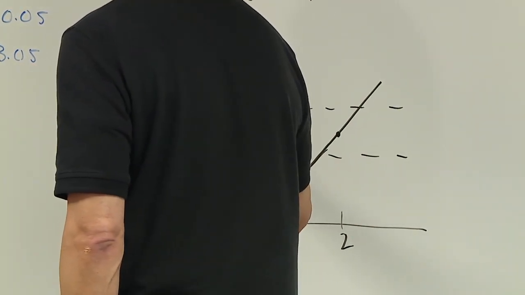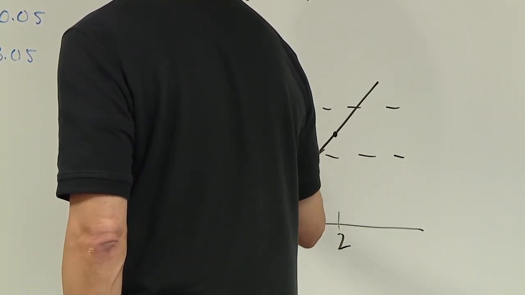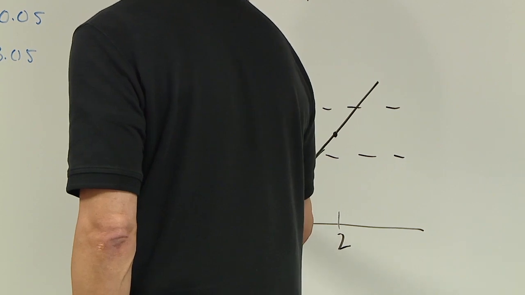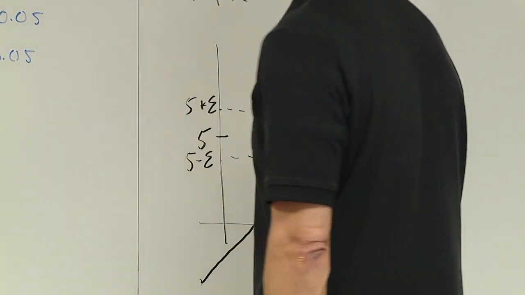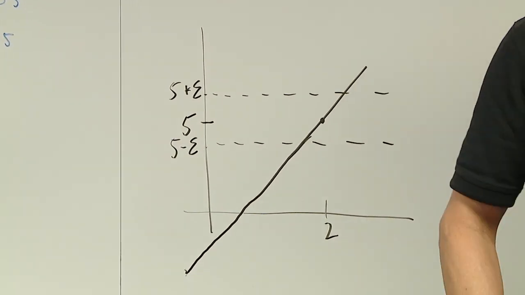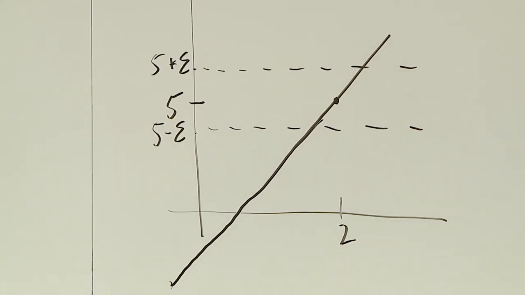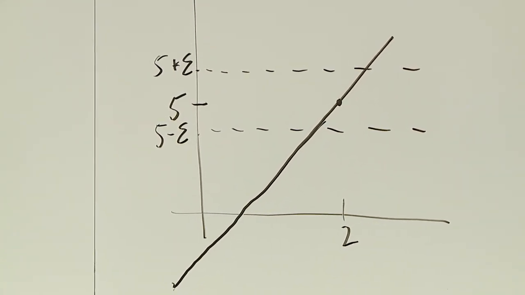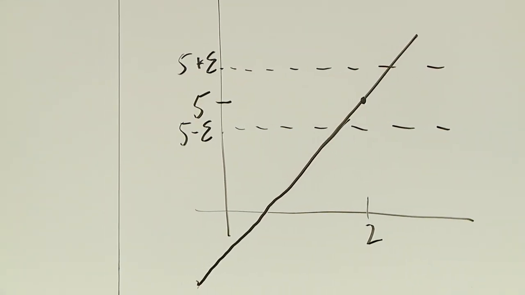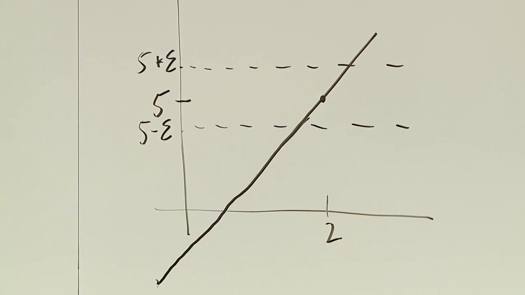In other words, we can go up to 5 plus epsilon and down to 5 minus epsilon. That's the epsilon band that this lady or gentleman out on the street is asking us to stay within. And we can do that as long as we find a suitable delta.